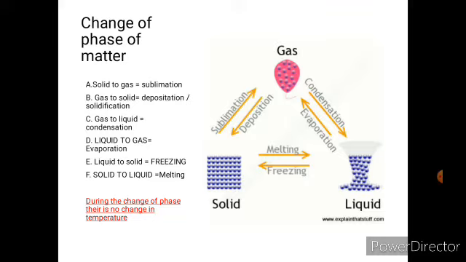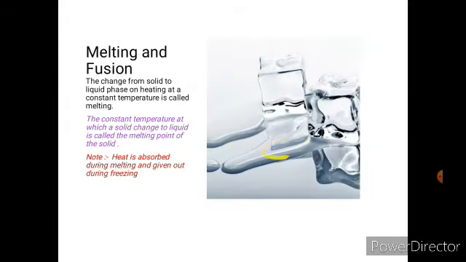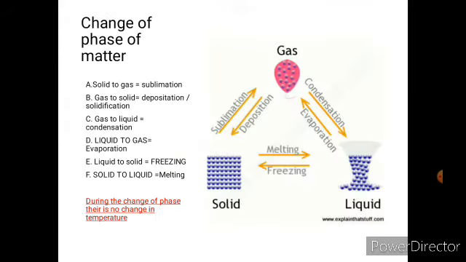Now again, if we look at the solid and the liquid, if the solid is changing into a liquid, we will name it melting. If the liquid is changing into a solid, we name this process freezing.